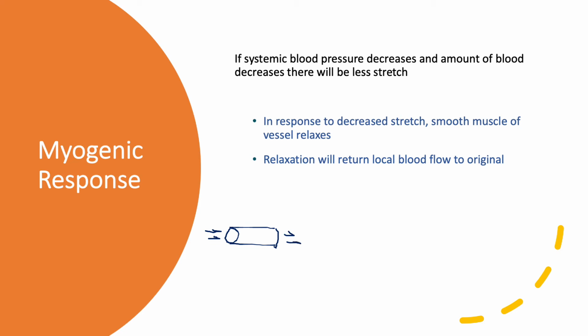But then we're going to have a decrease in blood pressure, perhaps a parasympathetic response. And that's going to mean that there is less blood moving through this vessel than there initially was because there's lower blood pressure, right?